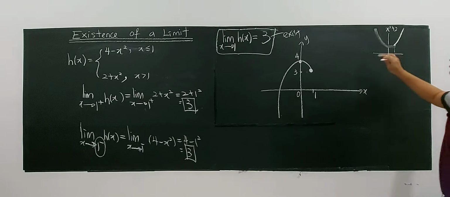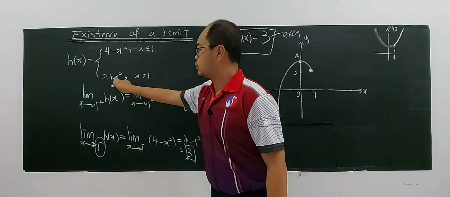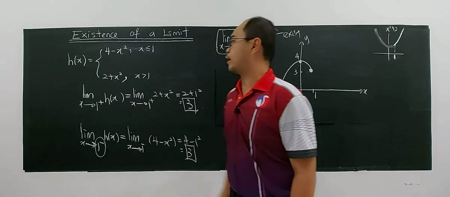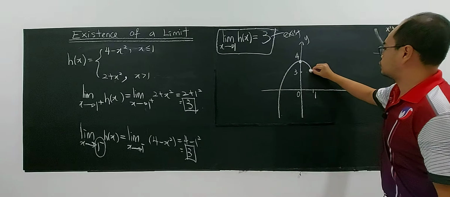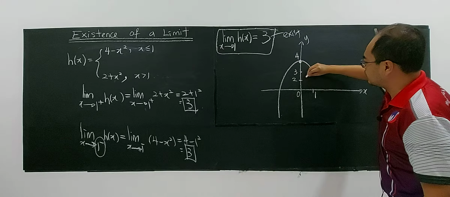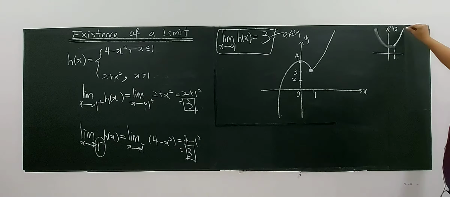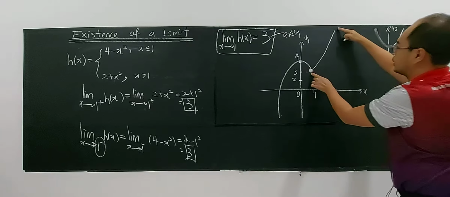I have to substitute the value of 1 into the function here. So 2 plus 1 squared, you have 3. So the graph is starting from 3. The graph is supposed to look like this way. Then later it goes this way, right? So you can imagine that I'm taking this graph and I'm joining here, right?